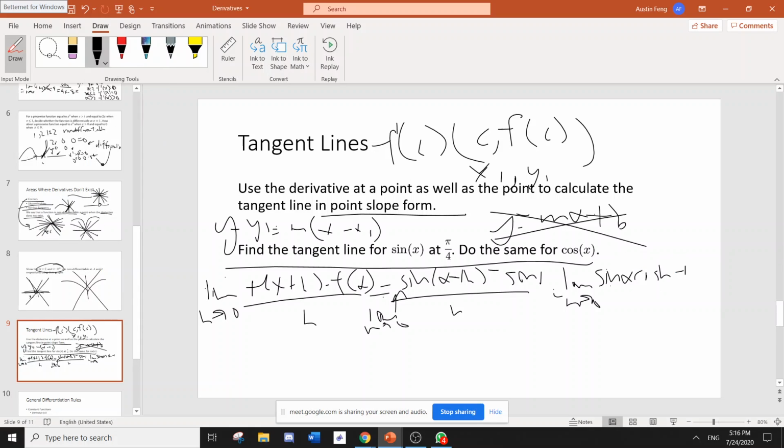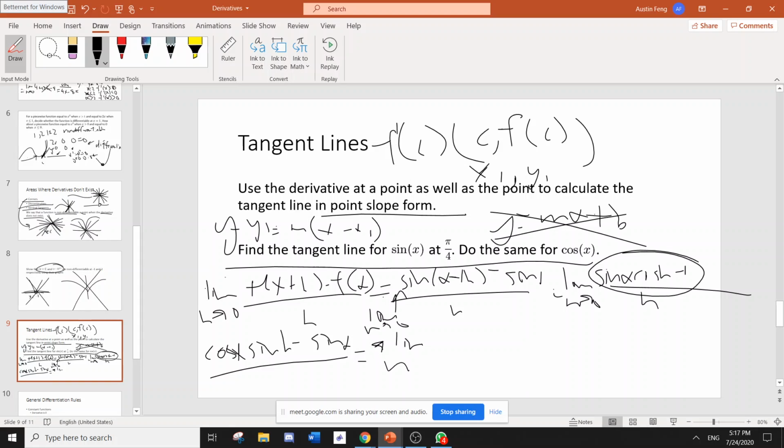plus cosine x sine h minus sine x, all over h. We see that we can plug h is equal to 0 into the first term, and we get sine of x, and we have a minus sine of x to cancel it out with.